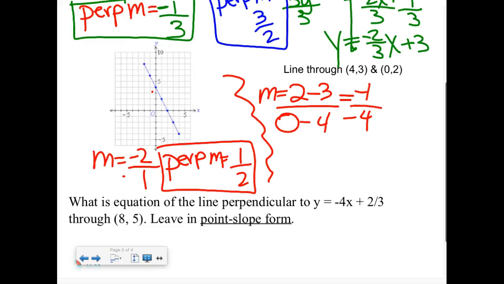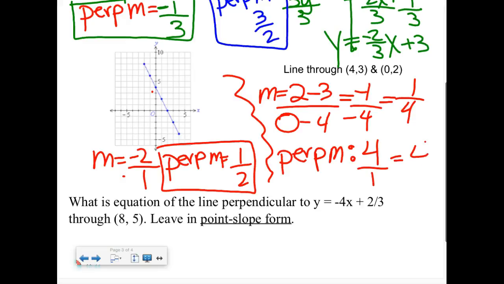Since I have a negative over a negative, that is going to turn positive, and I'm going to have positive 1/4. So if that's my original slope, that means my perp slope, my perpendicular slope, I need to flip it. So it's going to be 4/1, or you could just have 4, however you want to leave that. And since the original one starts out positive, my perpendicular slope is going to be negative, and that is our answer.